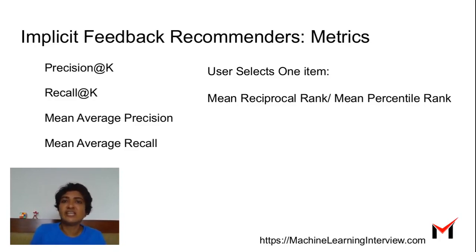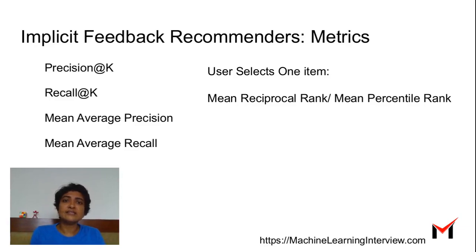So precision at 3 is the next thing you might see, right? Now, instead of using precision at K, it's customary to use mean average precision, which is just the average of this value for different values of K and over different users typically. Similarly, you can define recall at k and mean average recall.